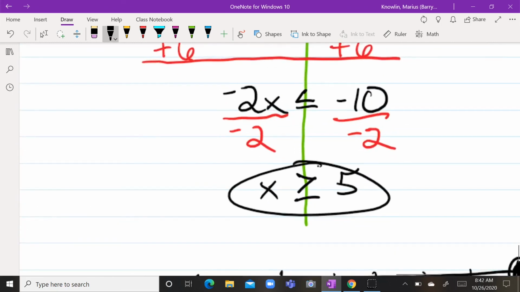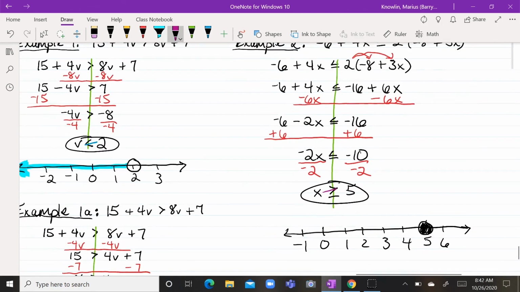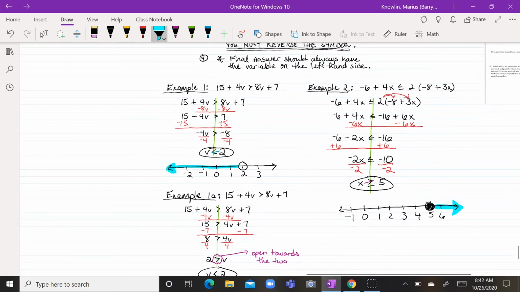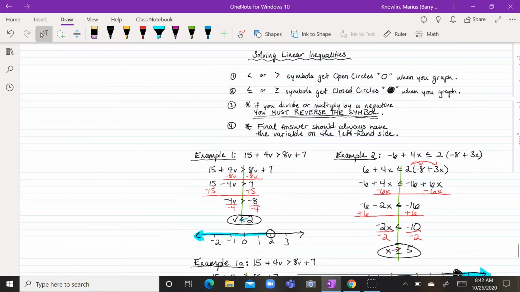And then if we zoom in here, this tells us to shade to the right. So we're going to do our shading this time to the right, and we're going to include the arrow as well. And that, ladies and gentlemen, is how you solve and graph linear inequalities.